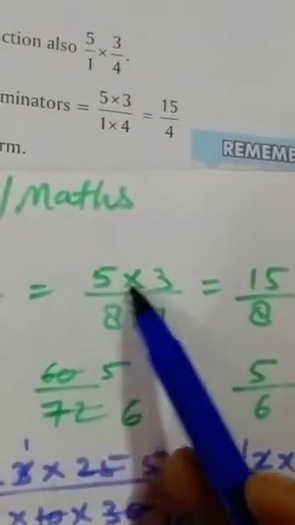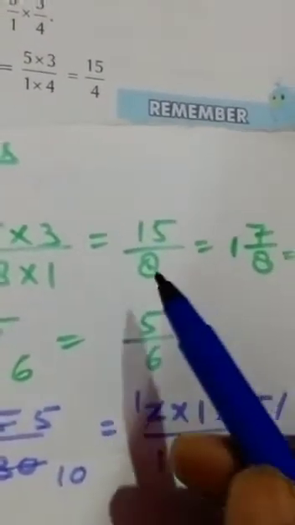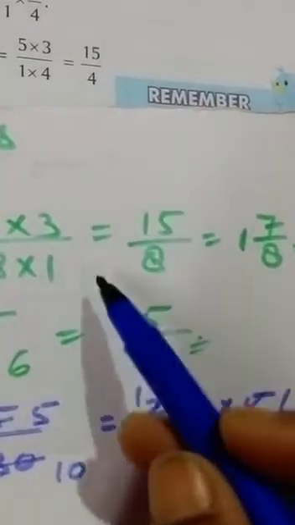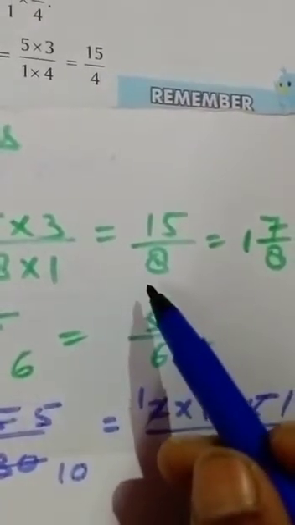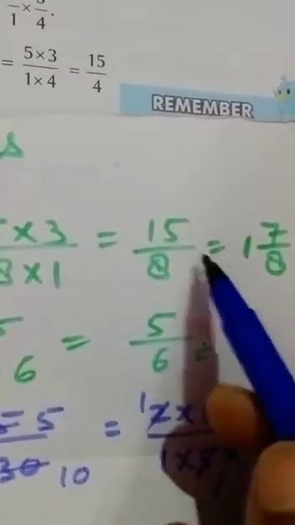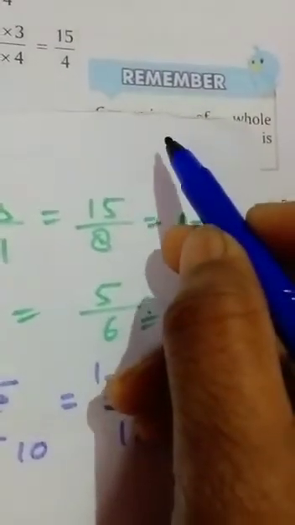Let us see. Multiply it: you will get 5 threes are 15 and 8 ones are 8. Okay, you have to reduce it. What you have seen, it is an improper fraction, so you have to convert this into a mixed fraction. How? You have to divide it.